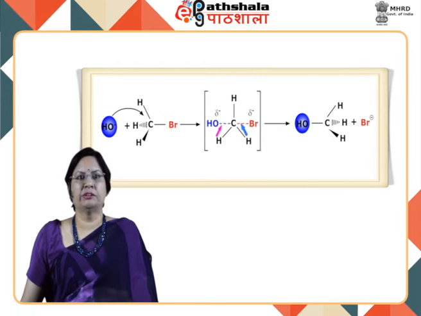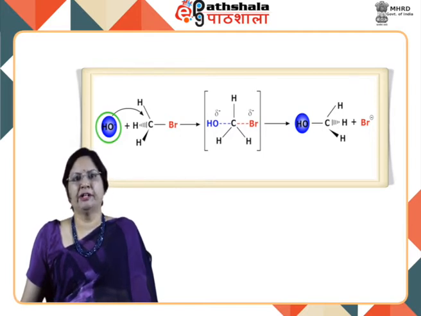Thus, the bond formation and bond breaking occur simultaneously, and hence the reaction is a one step reaction without any intermediate being formed. While the reaction is taking place, the energetic OH minus ion approaches the CH3Br molecule from the opposite side of the bromine to avoid the repulsion between the OH minus and Br minus ions.